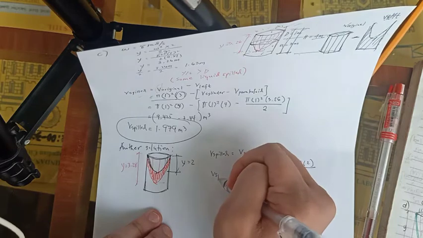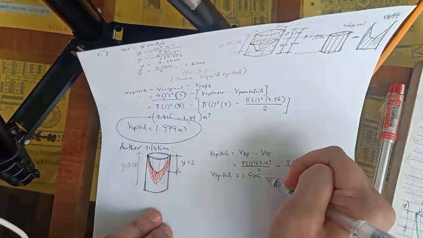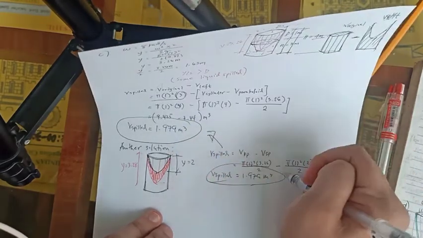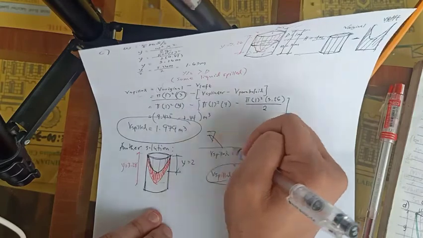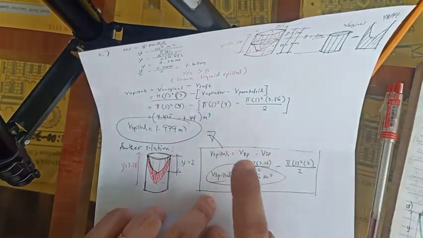So our V spilled is 1.979 cubic meter. So check. Again, this one is not recommended for you to use during our quiz and exam.